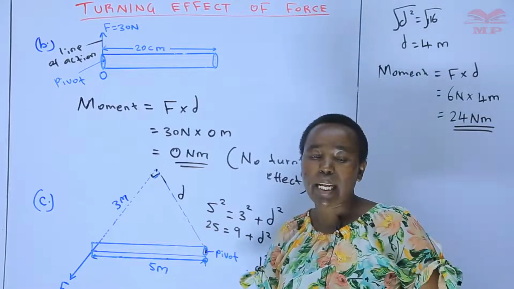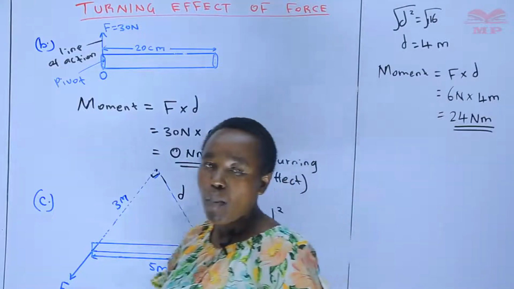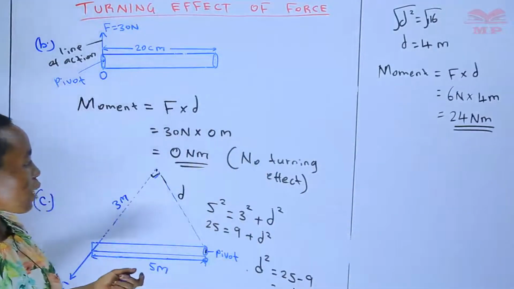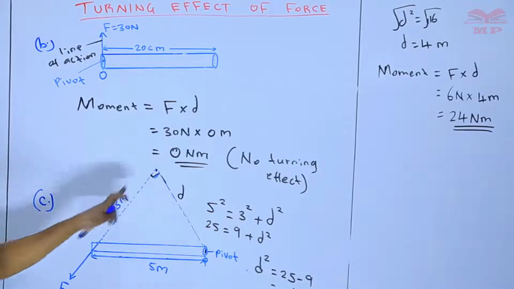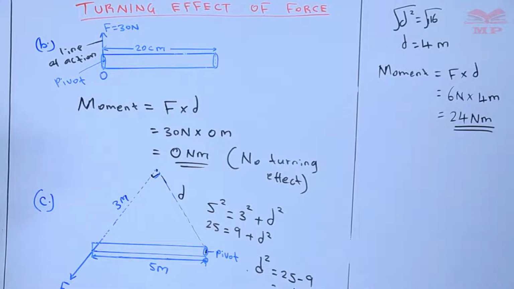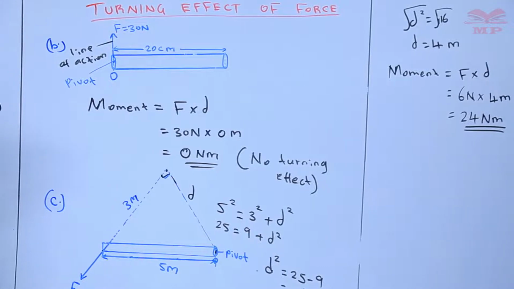Is that one clear? So when you calculate moment, you need to remember that we use the perpendicular distance from the point of support to the line of action. And moment is given in Newton meters.